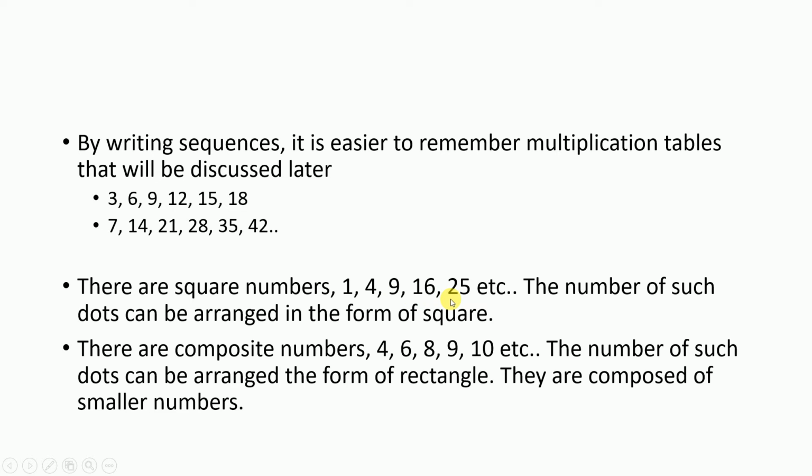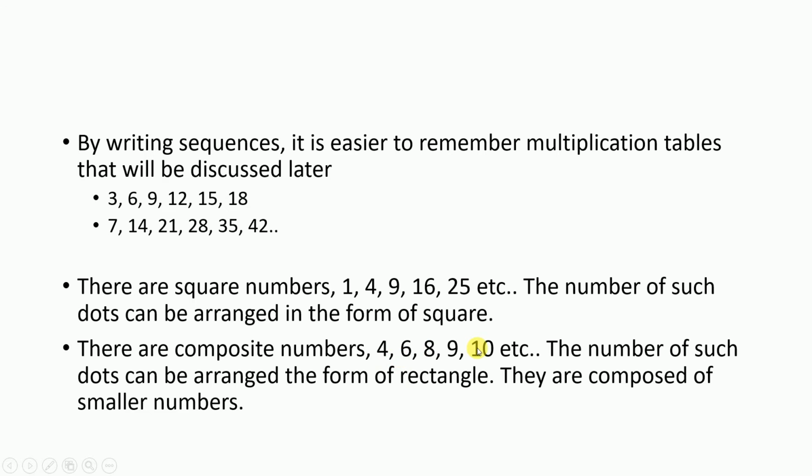They are produced from another number multiplied with itself. And the number of such dots or stars or any symbol can be arranged in the form of a square. You take 16 dots. You can arrange them as 4 rows and 4 columns.